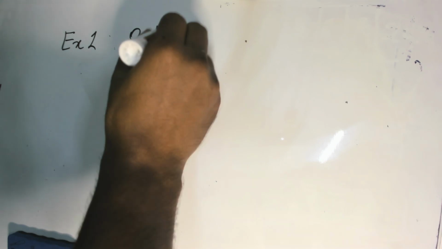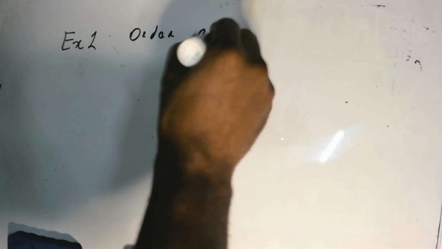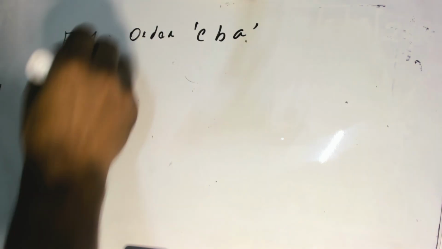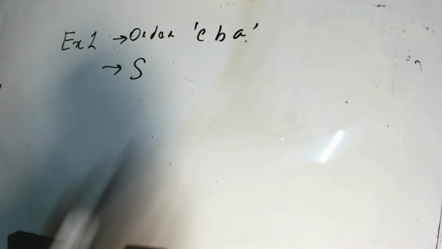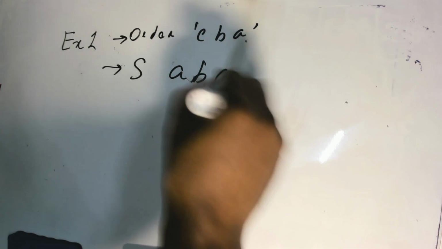If we consider example 1, the order is given as CBA and the string is given as ABCD.